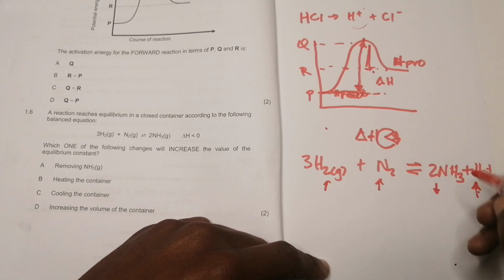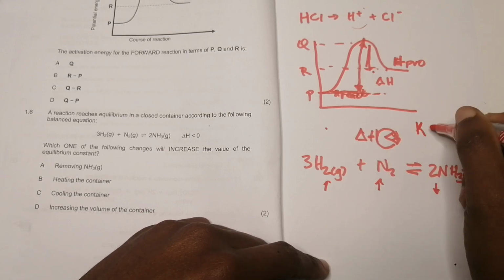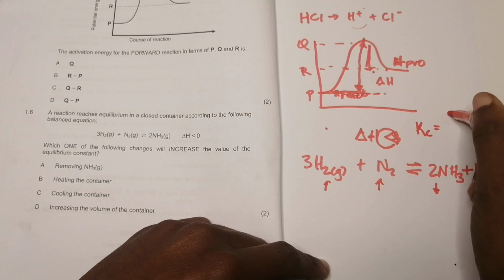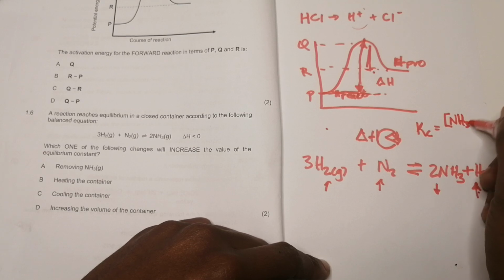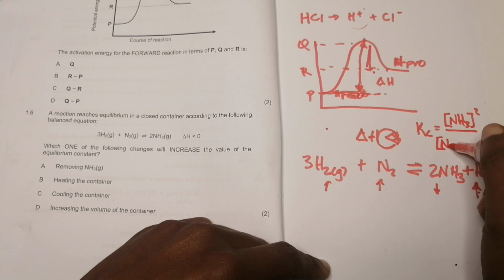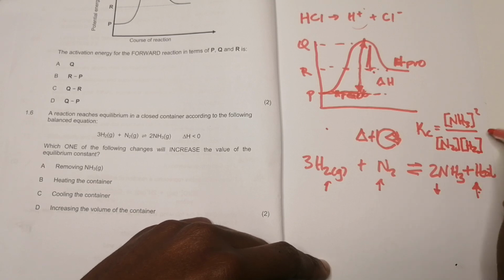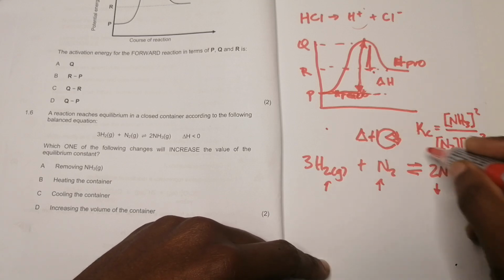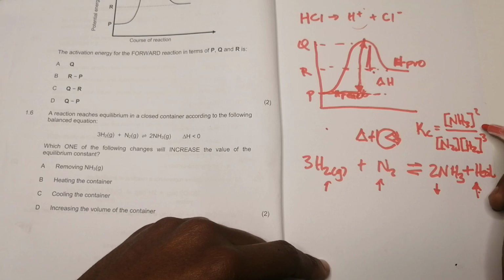And if you think about the equilibrium constant, the Kc calculation is always the molar concentration of your product, NH3 squared, divided by the molar concentration of nitrogen and the molar concentration of hydrogen, which should be to the power 3. The only way I can increase the Kc value is if I have a reaction that will increase what is on my numerator.